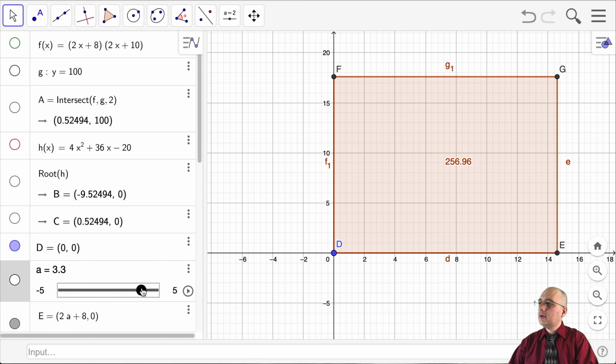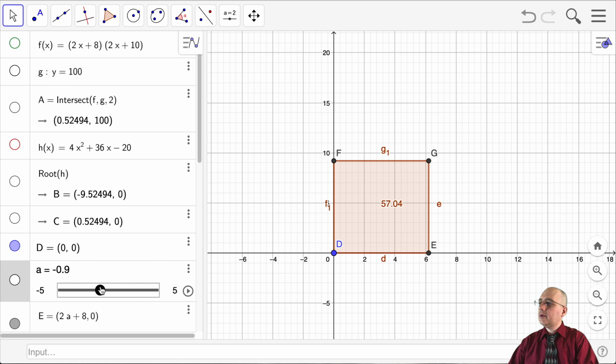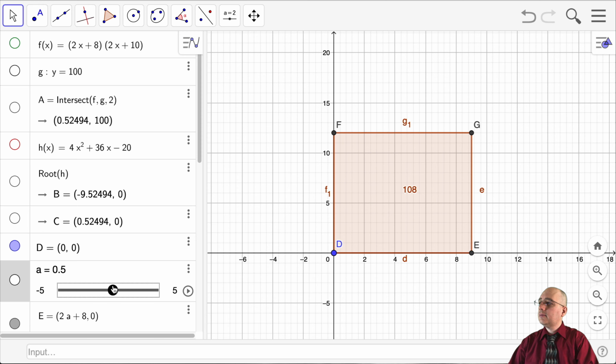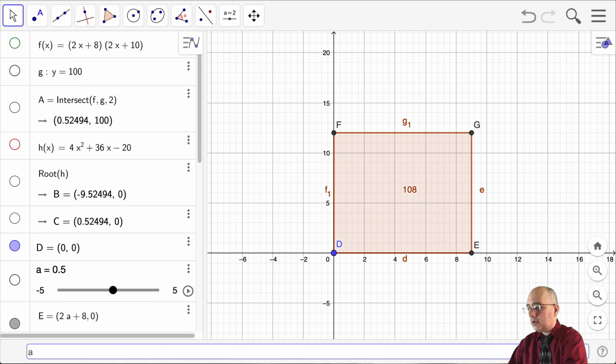Now let's see if the slider just goes up and down. Of course, I don't have any fundamental constraints here in the picture. But we can do a equals 0.52. Wasn't that supposed to be the answer somewhere?